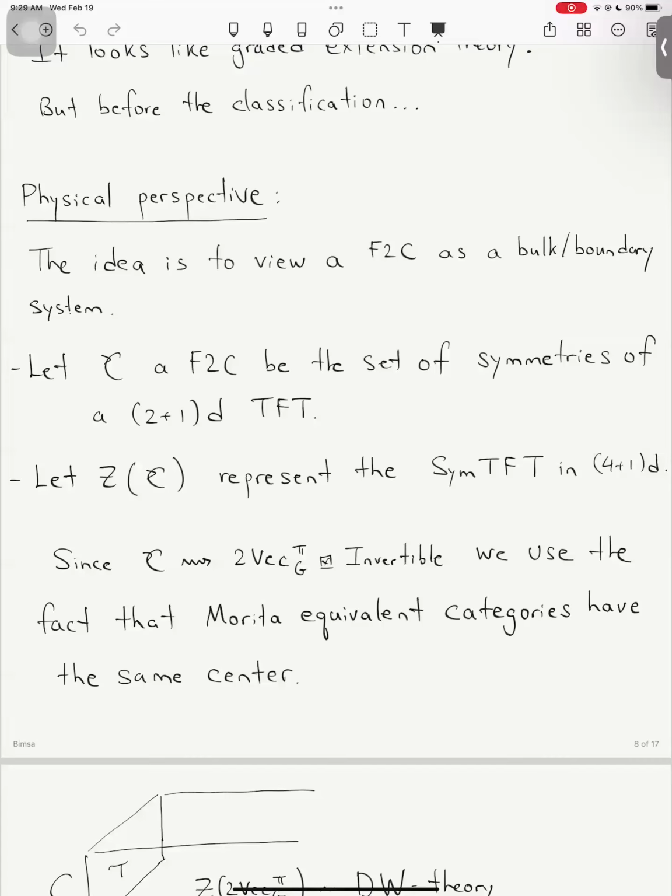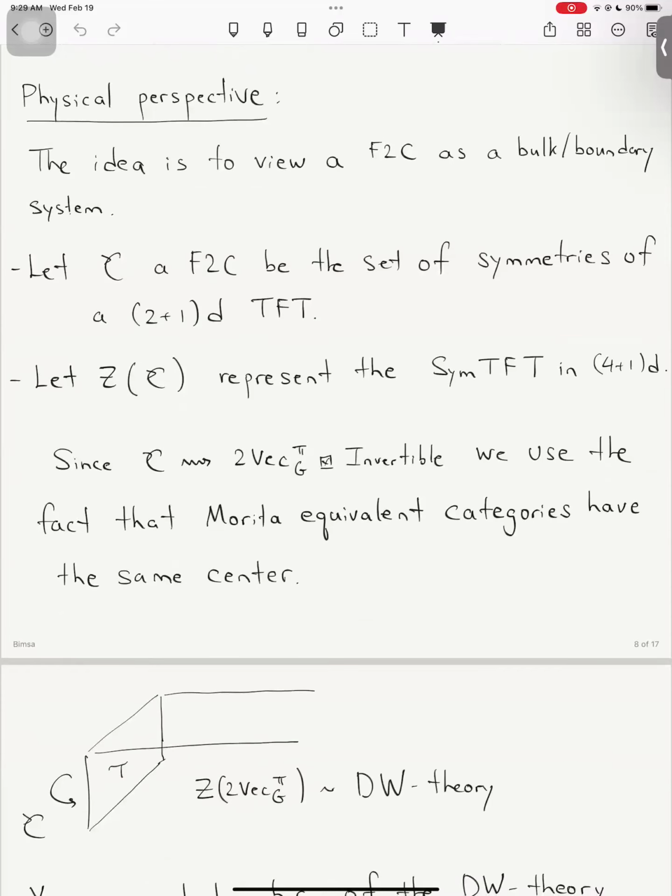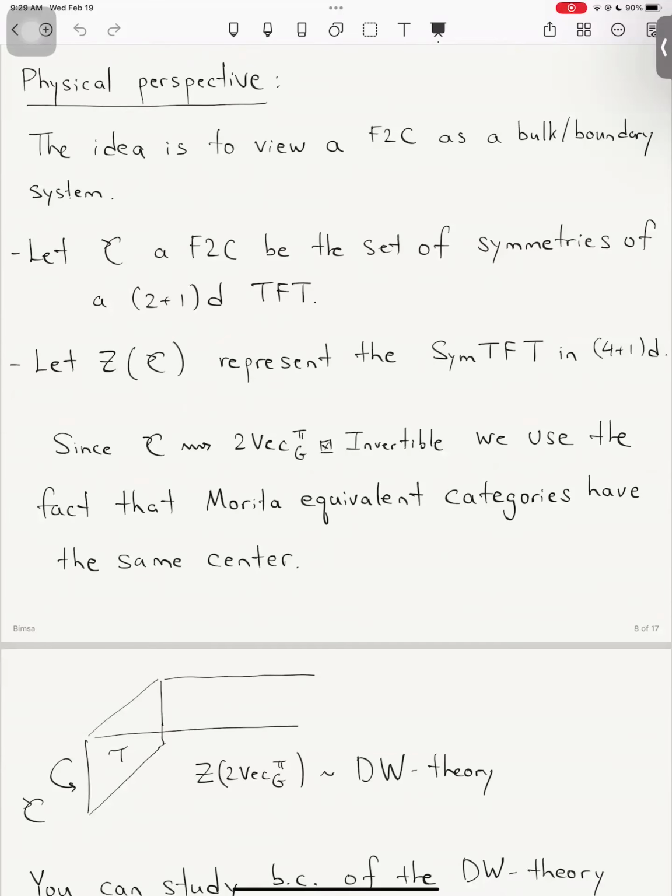And the idea is to really think of a fusion 2 category, right? If I give you a fusion 2 category, you should really think of this as a bulk boundary system. A fusion 2 category is sort of the knowledge of a bulk and a boundary. So let C be a fusion 2 category. Let it be the set of symmetries in a 2+1D TFT.